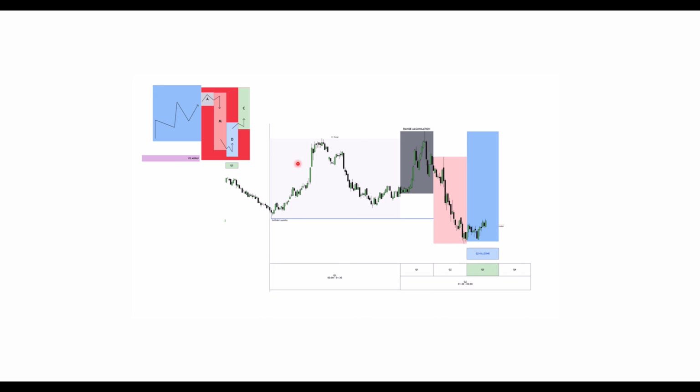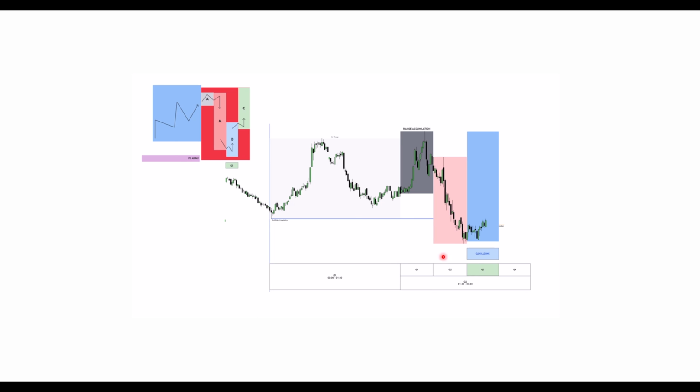Okay, in this case, price accumulated. We'll pretend this is our Asia range, this is our London trade. Price accumulated in this range. Accumulation, though it may look like a full impulsive move, is within Q1.